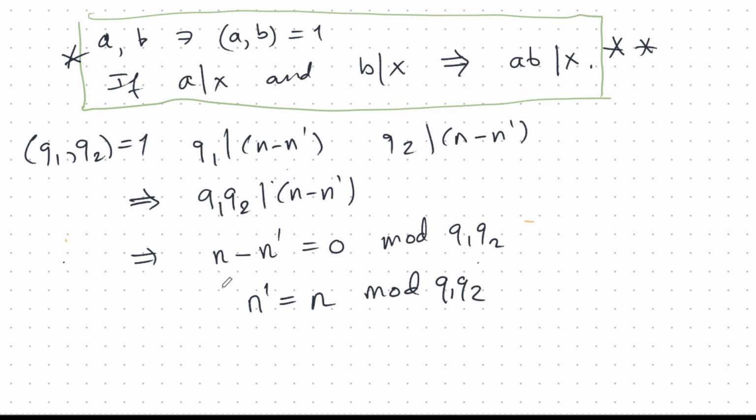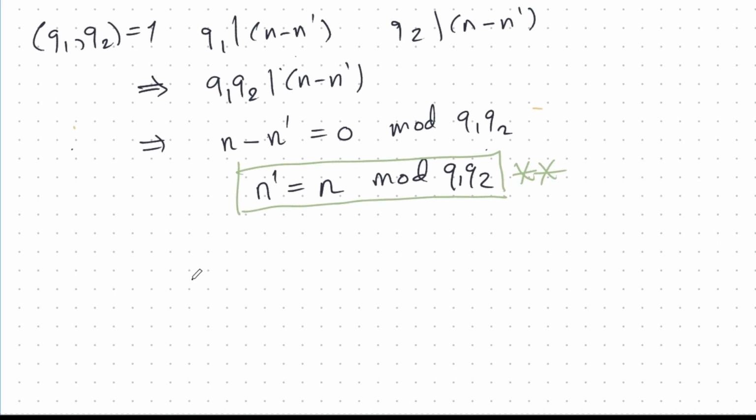And this is the result that we want. Any other solution, n prime, is equivalent to n mod q1 times q2. There we go. We proved it. So other solutions are equivalent to our solution n.